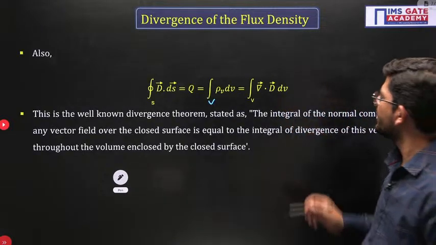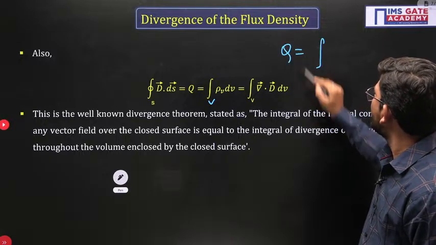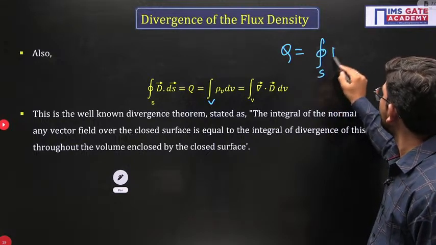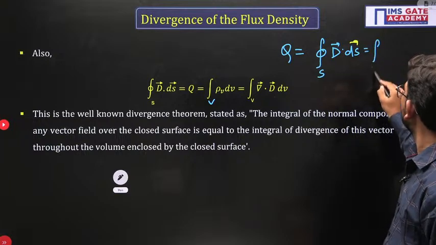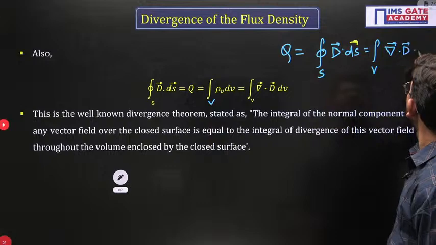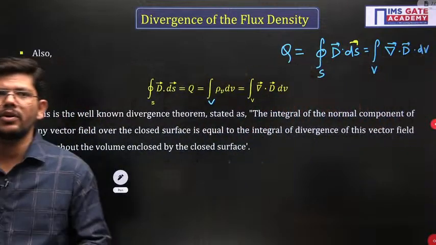So what we have concluded here is that if you are calculating the charge enclosed by the body, it will be equal to the closed surface integral of D dot dS, or it will be equal to the volume integral of del dot D dv. This is the important conclusion that we have drawn here. Okay.